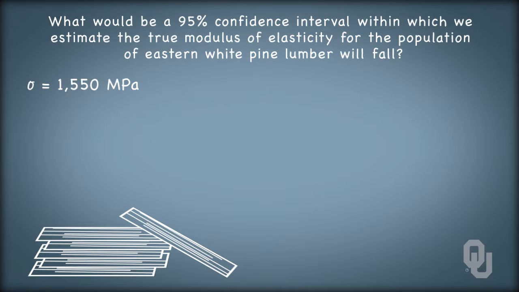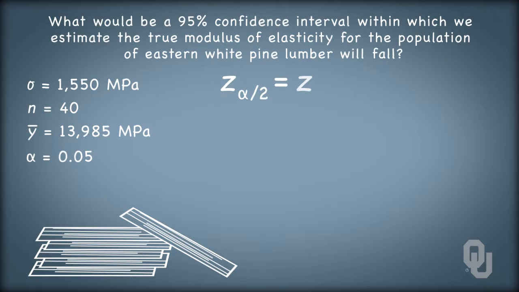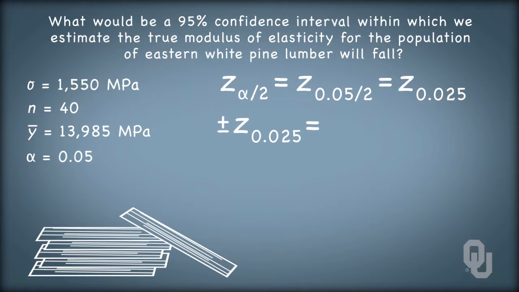We found in our sample of n equals 40 observations that the sample mean modulus of elasticity was y bar equals 13,985. At 95% confidence, the significance level would be alpha equals 0.05. When we look up z of alpha over 2, or z of 0.025, in the standard normal distribution lookup table, we find that plus and minus z of 0.025 is equal to plus and minus 1.96.